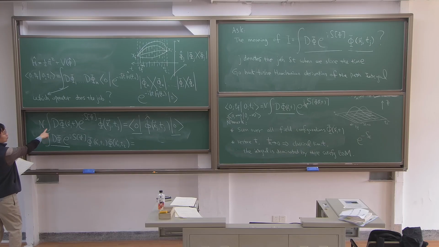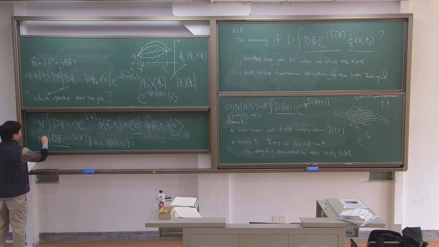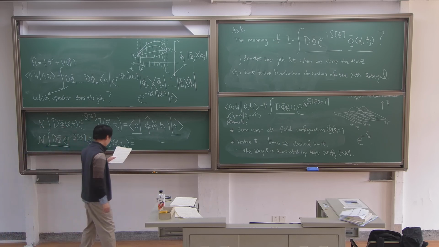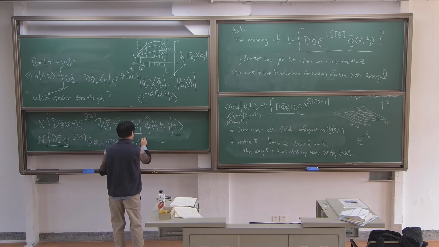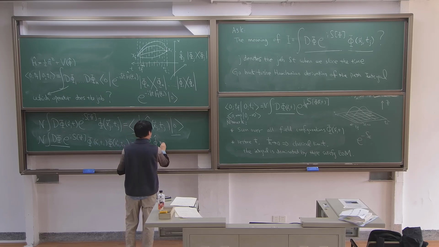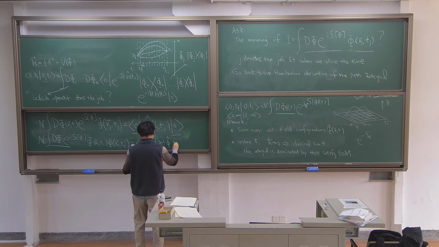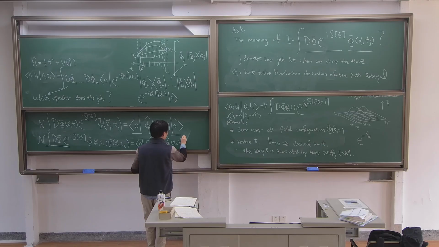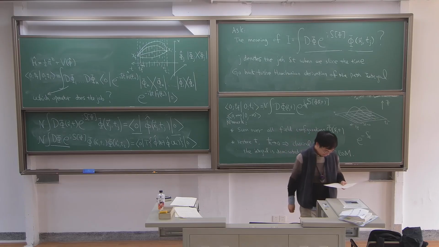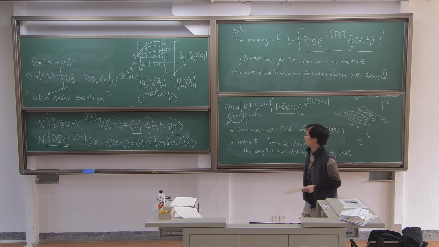Like what we did for the one-point function, up to some prefactors, which could be different, this equals the time-ordered product of phi-hat(x1) and phi-hat(x2).